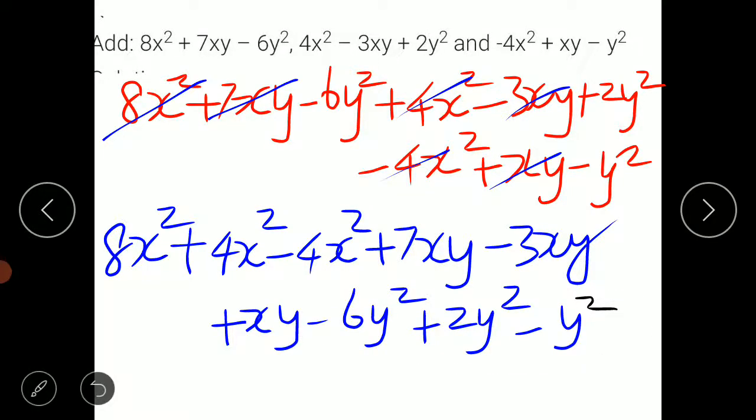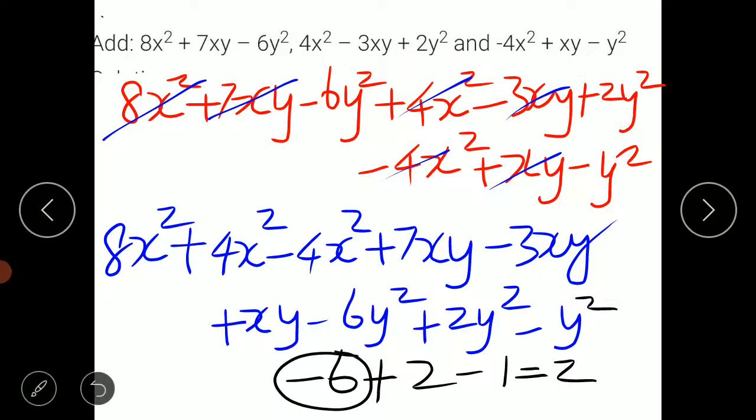Then last group, y square group. In y square, pick up the numerical values. Minus 6 plus 2 minus 1. Here 1 is hiding. So minus 1. So as usual, let's simplify this. Take the positive integer, only 2. The positive integer, 2 only. Then the remaining are negative, minus 6 minus 1. So add, because like negatives. Pick up the positive, add.